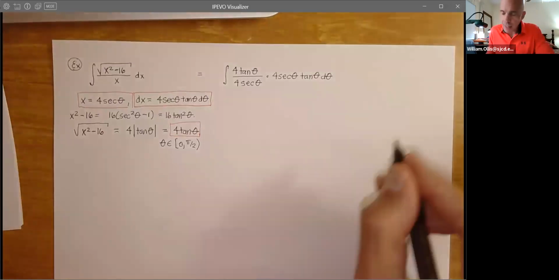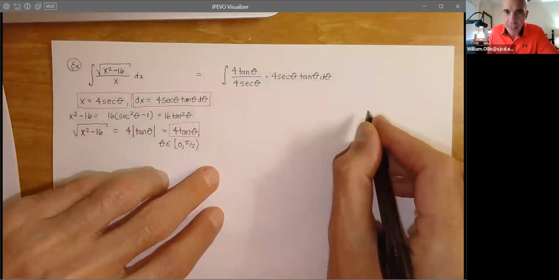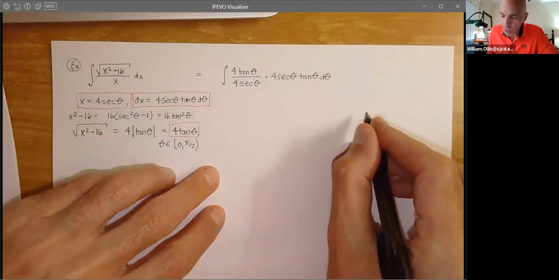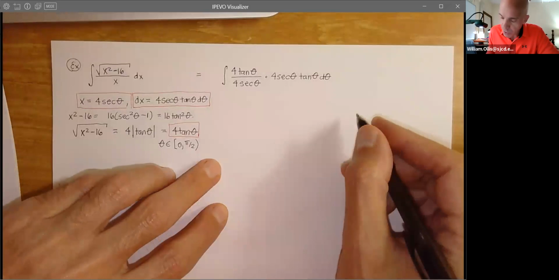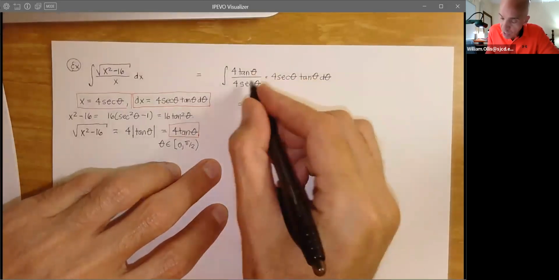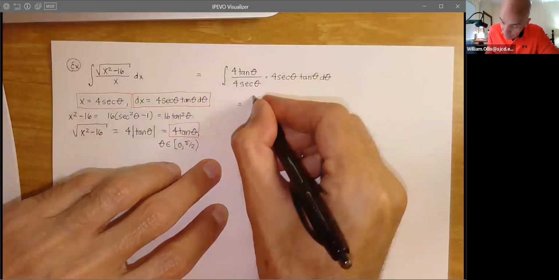So when we look at this, we're thinking, well, this is easy. This isn't the 6th power of sine of 3x, so we don't have to use the big guns with the reduction formulas. So notice the 4 secants absorb, and we just get a 4 times tangent squared.